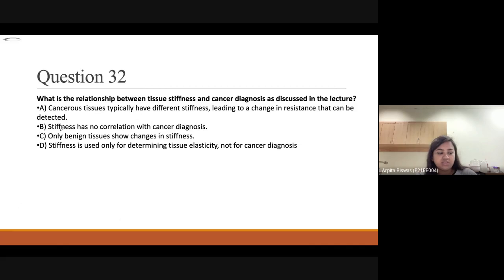The second option is stiffness has no correlation with cancer diagnosis. Third option is only benign tissue show the changes in stiffness. And the fourth option is the stiffness is used only for determining the tissue elasticity, not for cancer diagnosis. So go through the question carefully and try to find out the right answer.